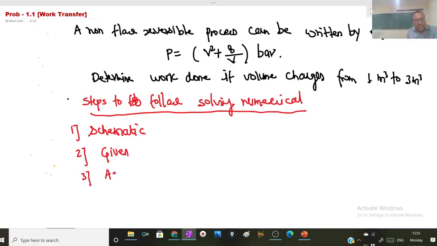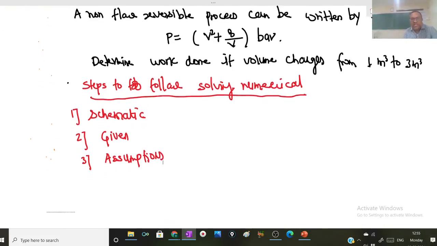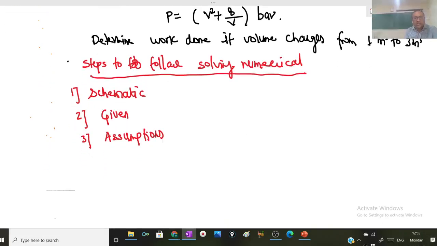Then some assumptions. If you are not able to write 5 set of assumptions, at least write 1 or 2 assumptions, because whatever we are solving is not an ideal case.